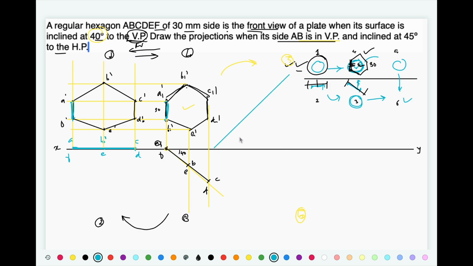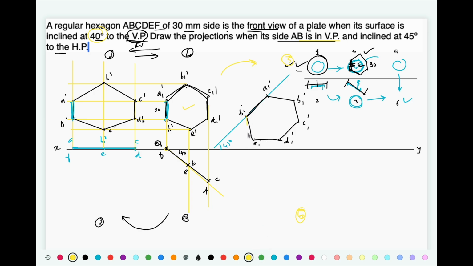So draw one line which is inclined at 45 degree, and on that line locate this A1 F1. Okay, complete the remaining hexagon. So A1, B1 dash, sorry, C1 dash, D1 dash, E1 dash.